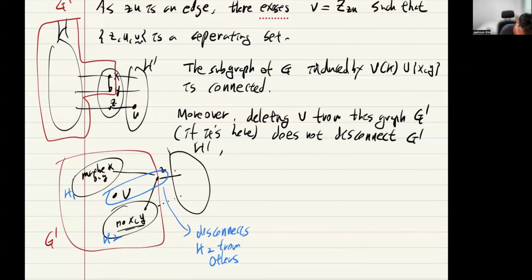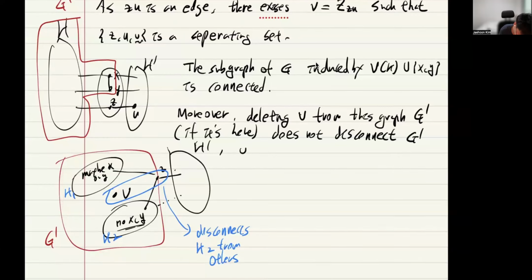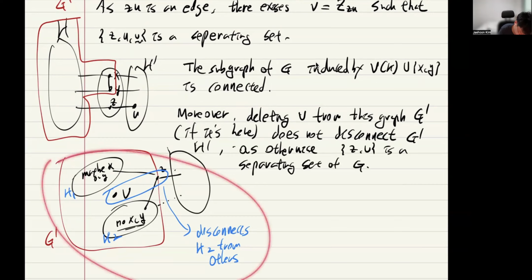So this is a contradiction because the original graph is 3 connected. There are no separating sets of size 2. So we know that deleting B does not disconnect this graph G prime, as otherwise C union B is a separating set of G as we described here.